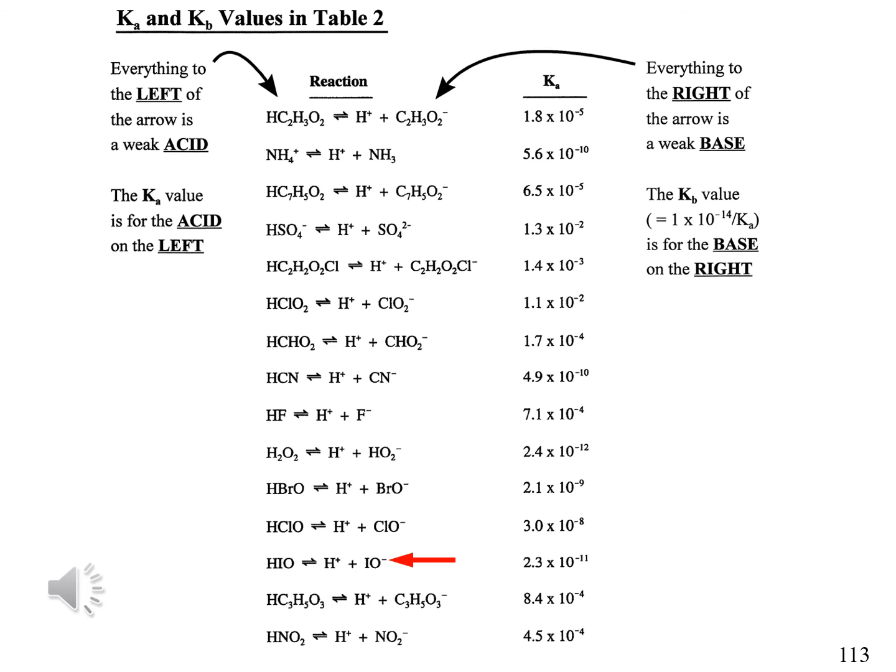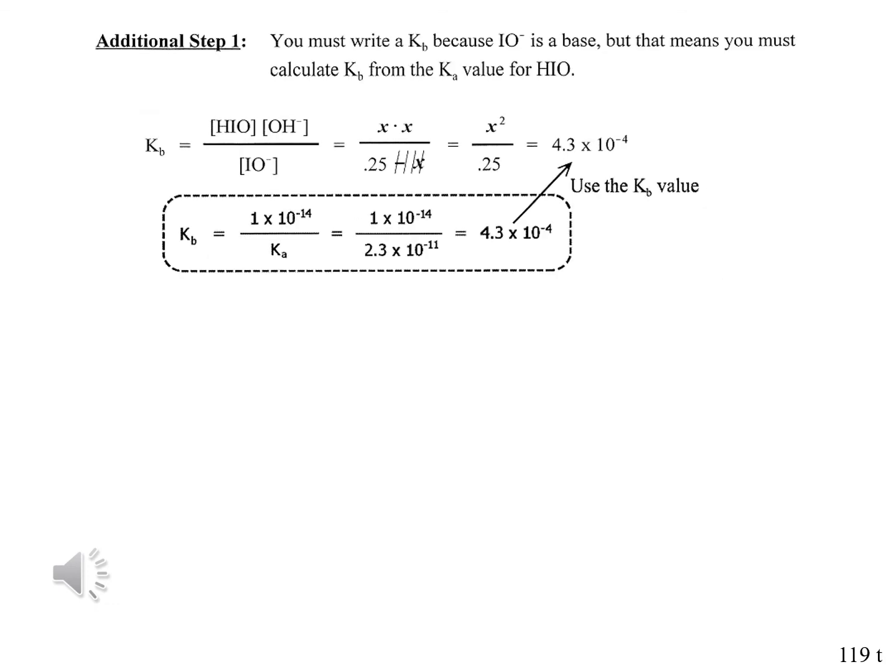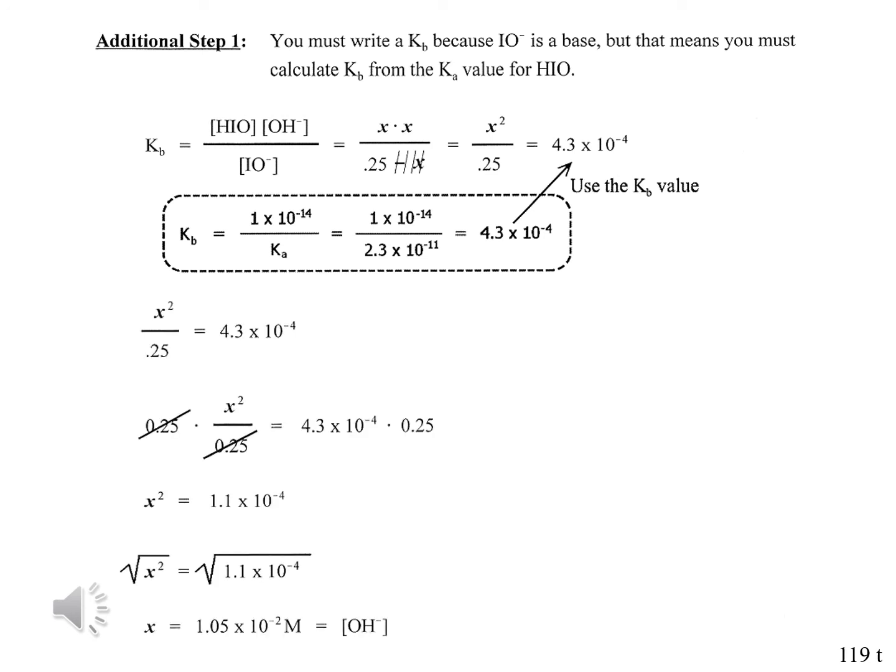But because the IO minus is a base, you can't use the Ka that's listed in the table directly. You have to do that calculation of 1 times 10 to the minus 14 divided by the Ka, and that's the Kb, which is what you set the equation equal to. And then you go through the whole solving process, and when you get to the end, the x you get is OH.